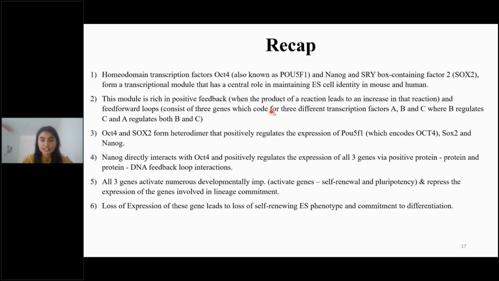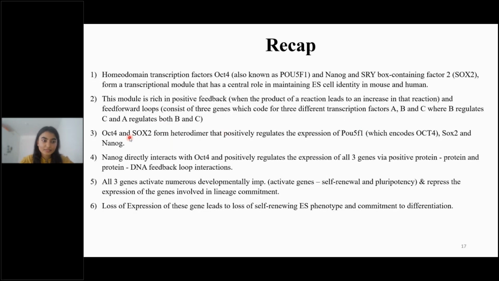So it's like a positive feedback. Then the feed-forward loop consists of three genes which code for three different transcription factors, A, B, C, where B regulates C and A regulates both B and C. You can imagine it when you draw it; it would be a little easier rather than this being confusing.